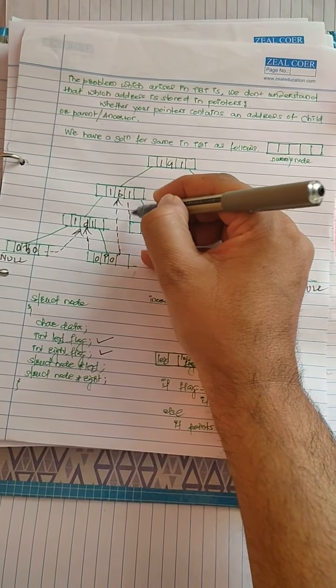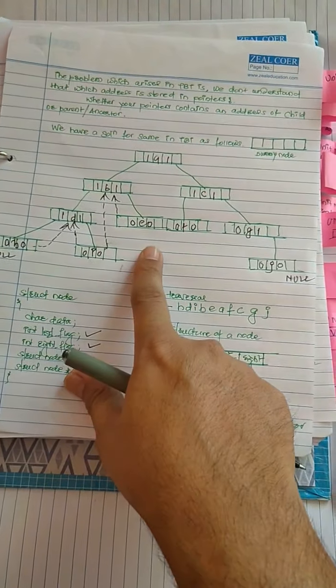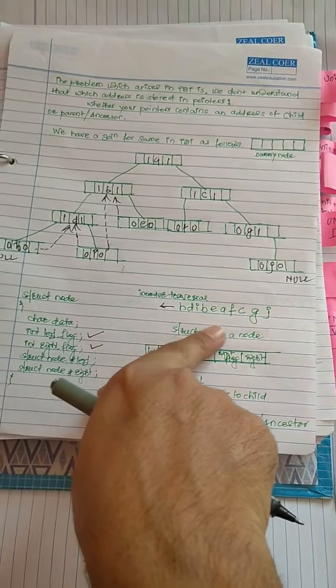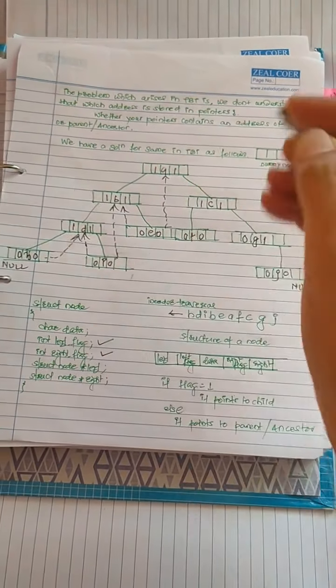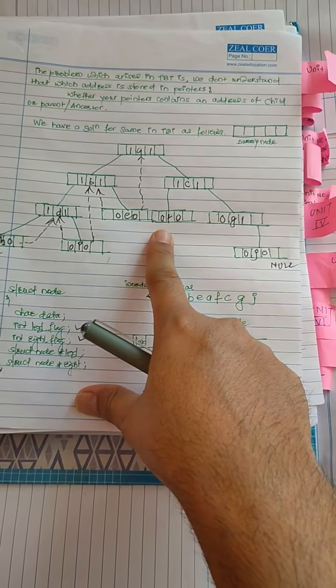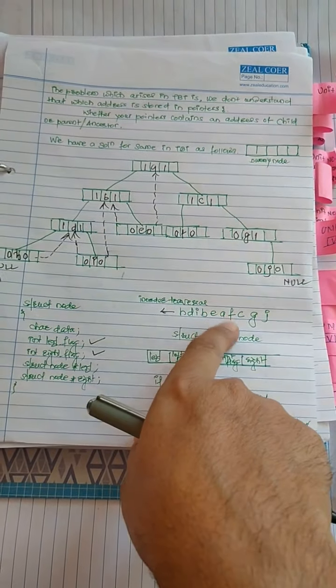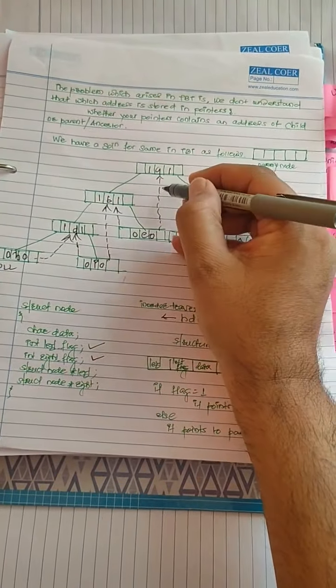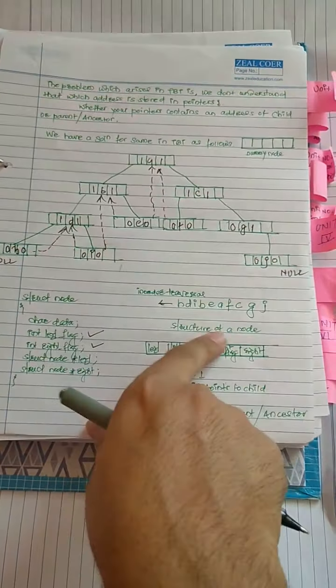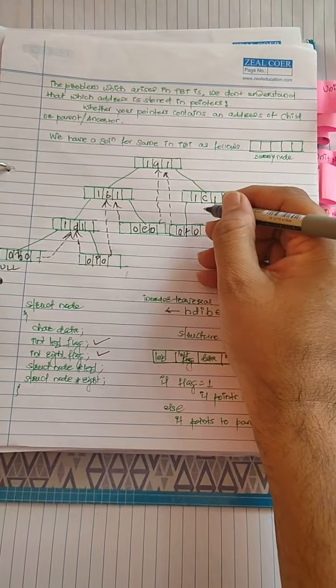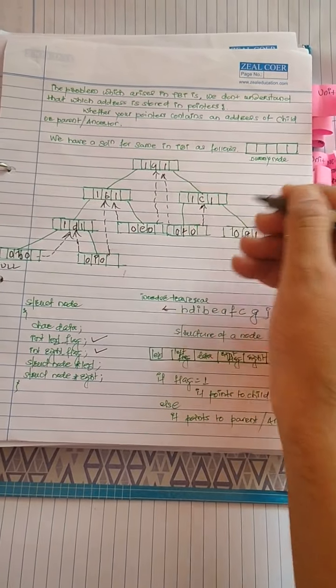Because it is the inorder predecessor. Right will point to the inorder successor, which is A, so it will point to A, right? Then the left pointer of F will point to A again, the inorder predecessor. The inorder successor is C, so it will point to C.